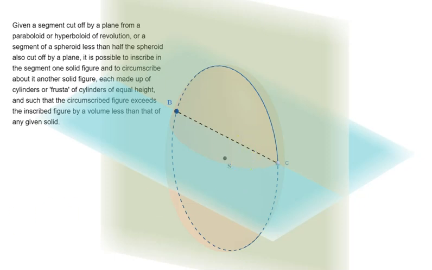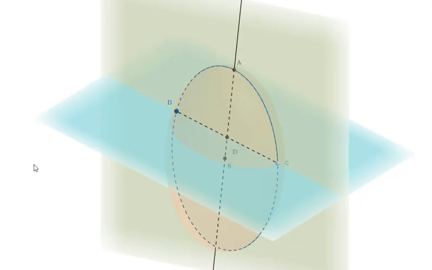Okay. Now let's take the midpoint of BC, D, and let's draw a line through S and D so that it intersects with the conic at A. Now let's get rid of this description. Here also you have an intersection of the cutting plane with the spheroid.